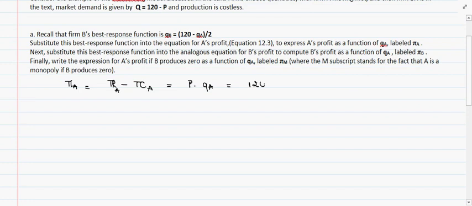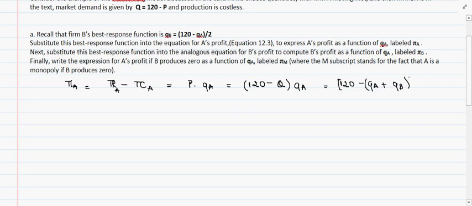Now the demand function is given by Q equal to 120 minus P, so P is going to be equal to 120 minus Q. Remember, this big Q is the total quantity demanded in the market, which is the total quantity supplied by firm A and firm B together. And we multiply by QA. So what I got is (120 minus (QA plus QB)) multiplied by QA, since Q is equal to QA plus QB.